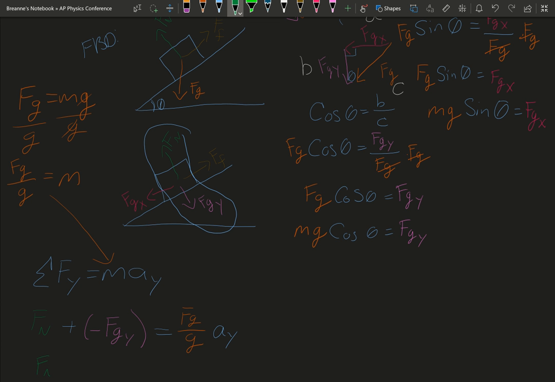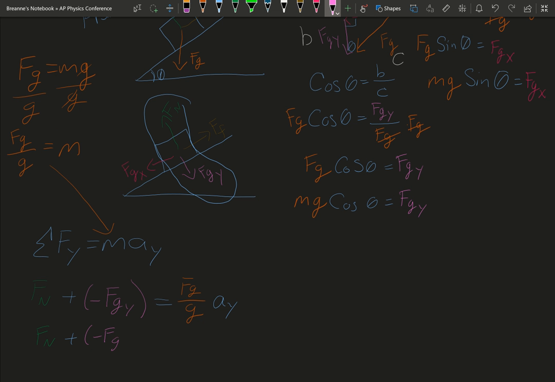So we get that your normal force plus our force of gravity in the y equals, we're just going to go back and put mass there, 0. 0 times anything is 0.